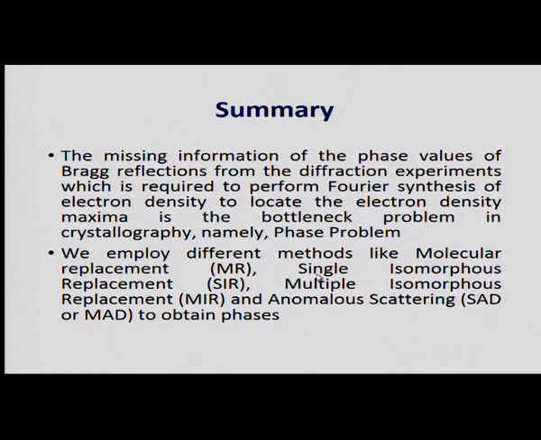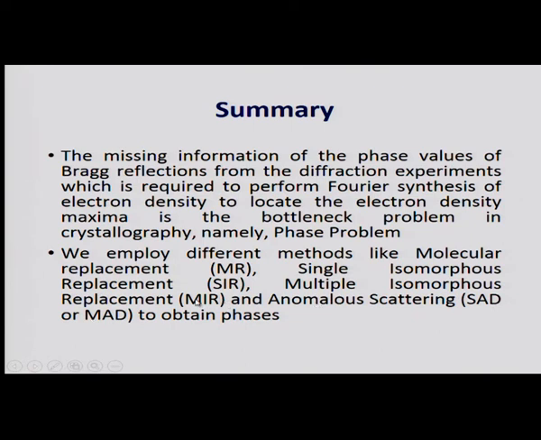So, here we used methods like molecular replacement, we have seen single isomorphic replacement and multiple isomorphic replacement. Each of these methods have their own limitations, we have seen, and in the case of anomalous scattering method, these limitations are not there, and of course, anomalous scattering method resembles MIR.